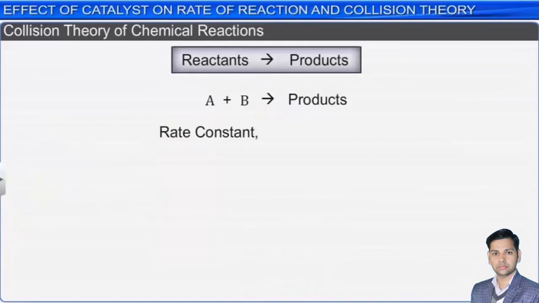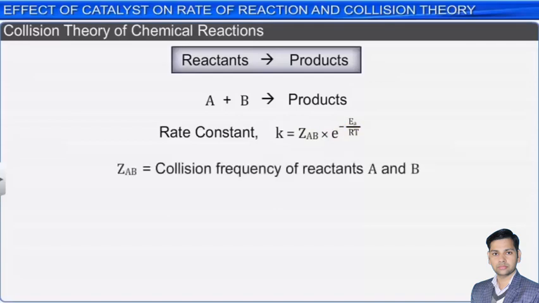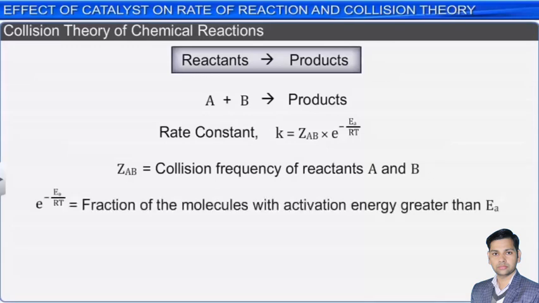The rate constant for a simple bimolecular reaction, as predicted by the collision theory, is K is equal to ZAB multiplied by e to the power minus EA by RT, where ZAB is the collision frequency of reactants A and B, and e to the power minus EA by RT is the fraction of the molecules with activation energy greater than EA.